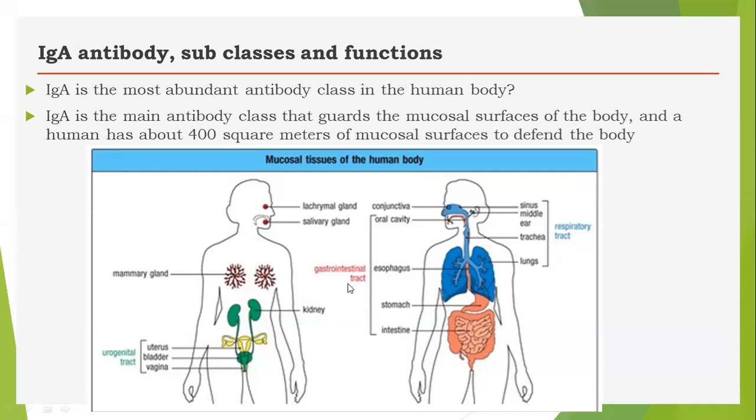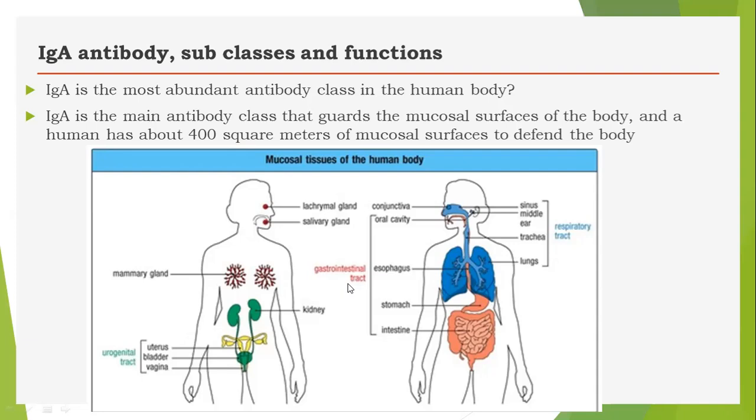And when all these mucosal surfaces are calculated in terms of area, we rank up about 400 square kilometers. And these immunoglobulins, in this particular case immunoglobulin A, are present in all these surfaces in high concentration.